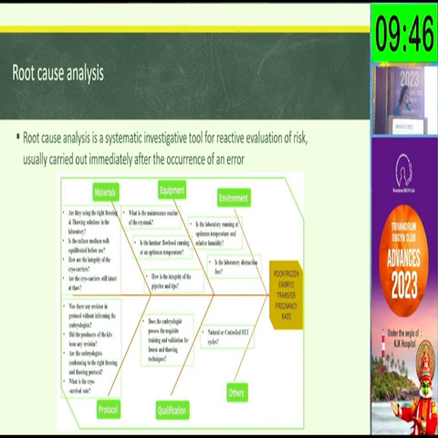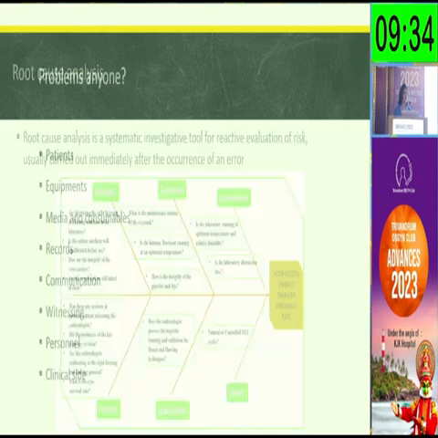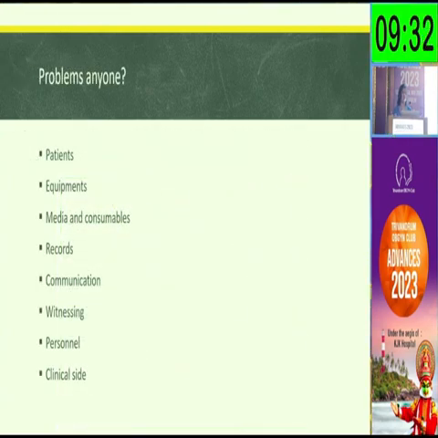Error here means a change in the system, or you see a difference in the results, not just in terms of pregnancy rates, but in the morphology or the quality of the embryos as well. So, problems anywhere, everywhere. That's exactly how we look at it. Once I say that, let's say my blast creation rates have dropped from 60 to 70% to 40%, I need to not just look at the culture system alone.